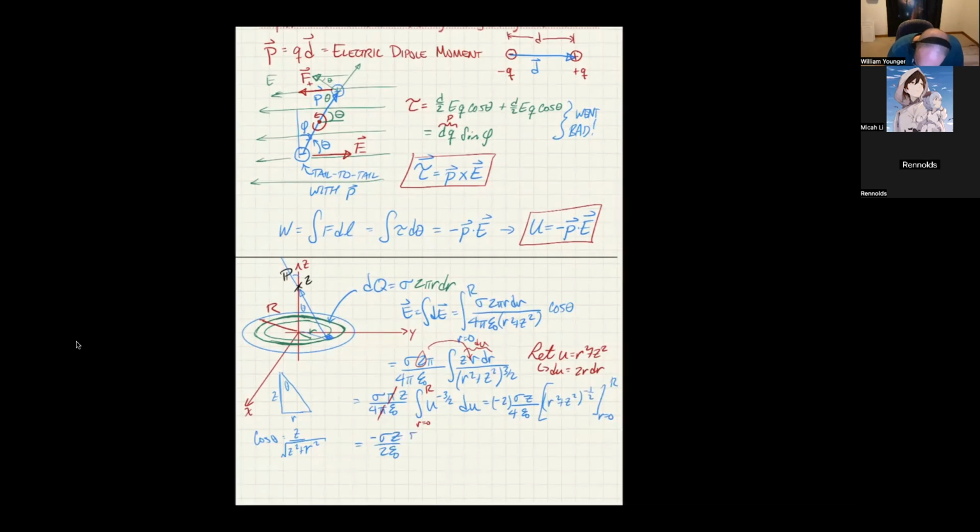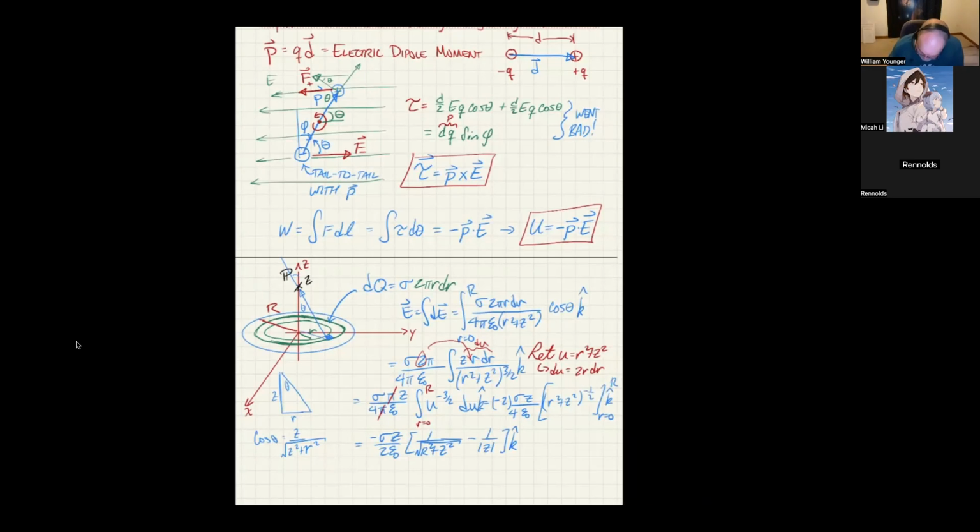And now when I go to evaluate this, I get 1 over the square root of r squared plus z squared minus 1 over the absolute value of z. Now, that's all, of course, in the k-hat direction, which I could have put over here earlier. I'll put it in there now.